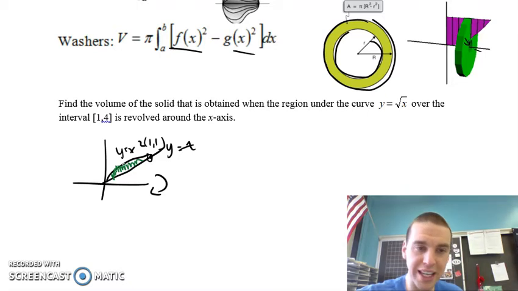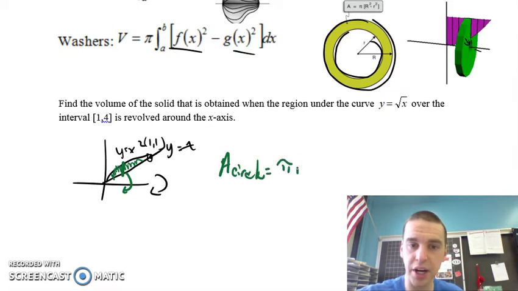But what if I just take this slice right here and revolve it around? What shape am I making? Well, I'm making a circle. We know the area of a circle is pi r squared. Now the radius is the top minus the bottom.